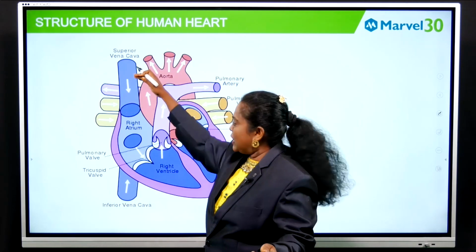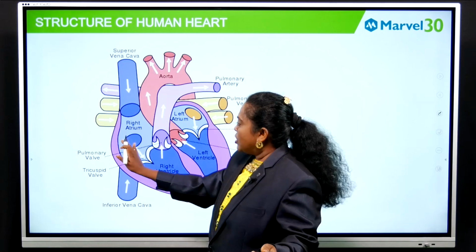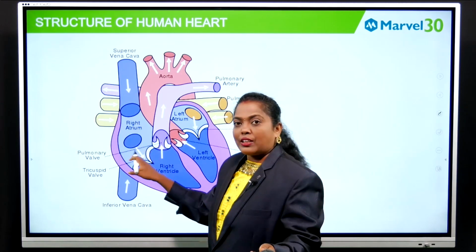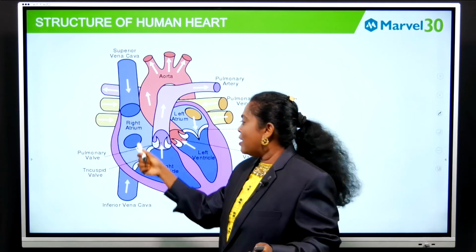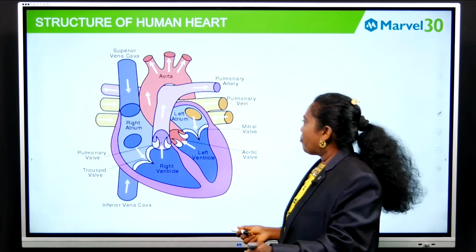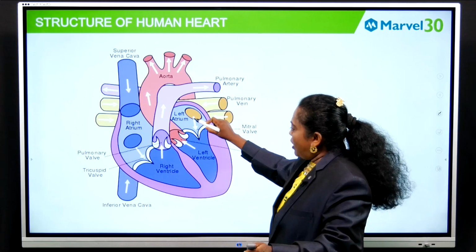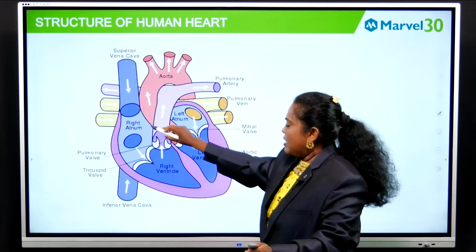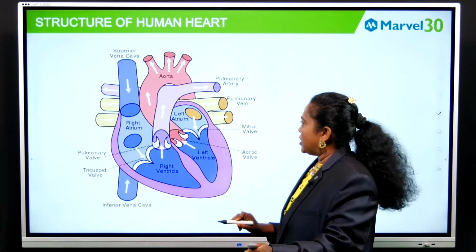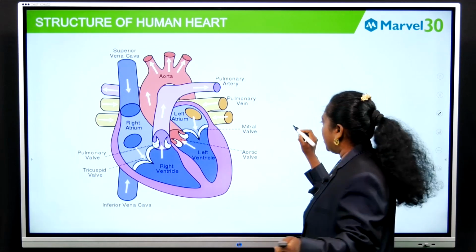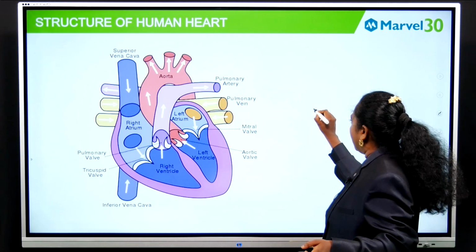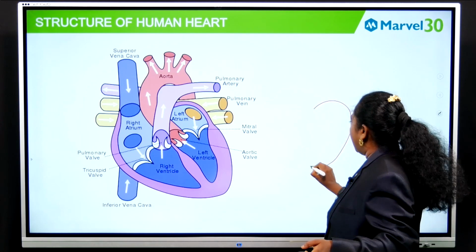Above the heart, it is the superior vena cava, so that it will deliver the deoxygenated blood into the right atrium. Okay, is it clear? So left atrium, left ventricle, right atrium, right ventricle. I will just tell you the circulation. Okay, so see here.